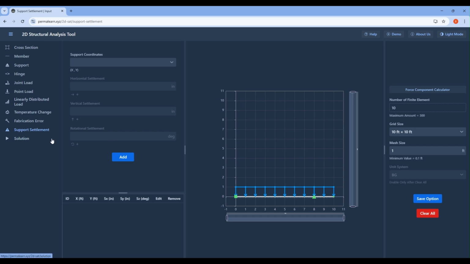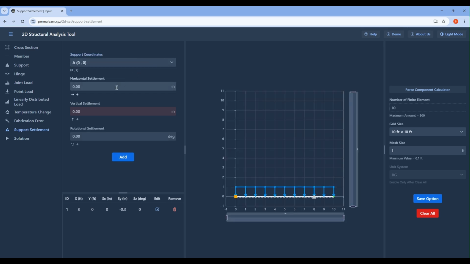So we need to input that number. So at support B it settles downward 0.3. If it settles upward, we need to put the positive number, and if it settles downward, we need to put the negative number.